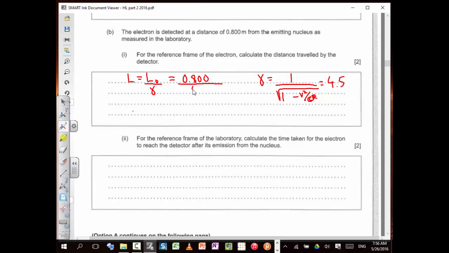And so this is going to be 0.8 divided by 4.5, which is equal to 0.178. By the way, if you used 0.98 C for V here, you got a slightly different answer, and that would have still been marked correct. This is in meters.